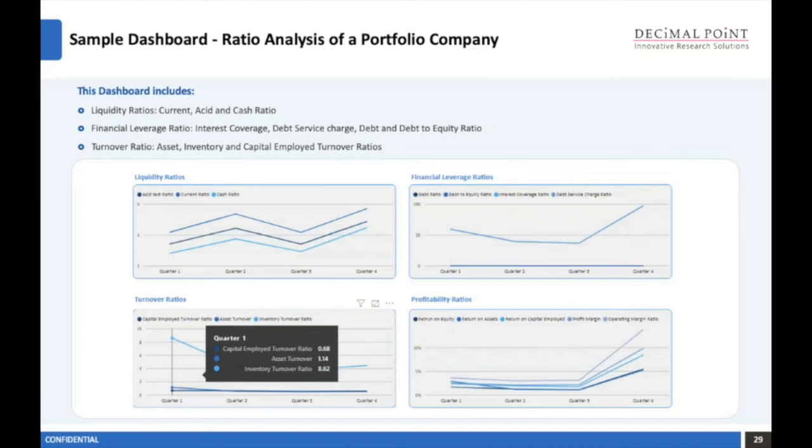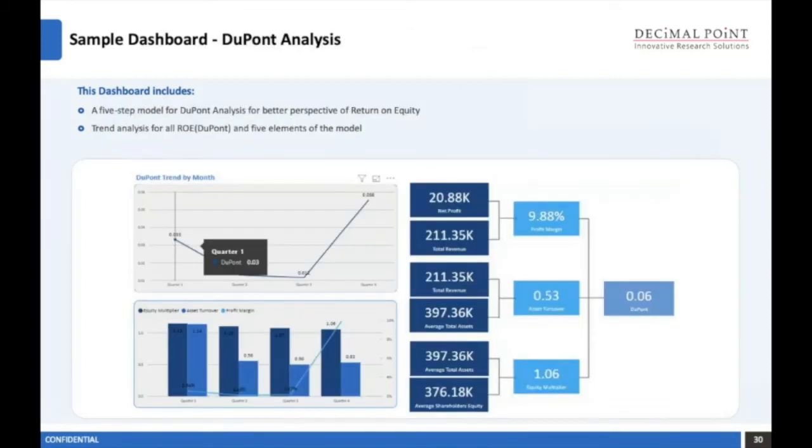There are times when certain specific companies or industries require specialized models, and even that can be facilitated by such intelligent dashboards. A case in point that we try to demonstrate is through, let's say, a DuPont analysis, which is effective in giving certain kind of input to fund managers with regard to their strategy.